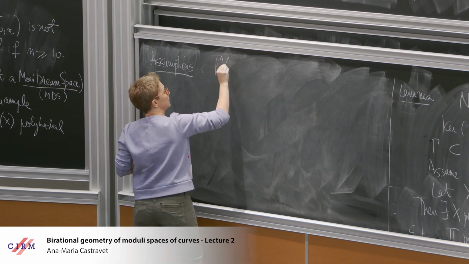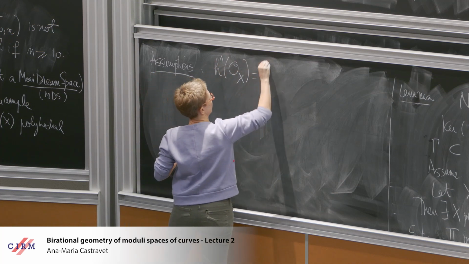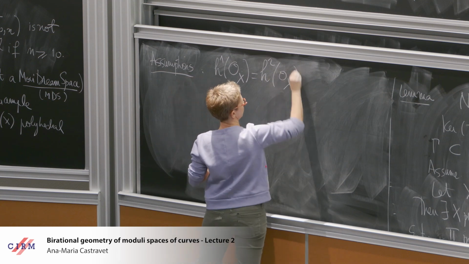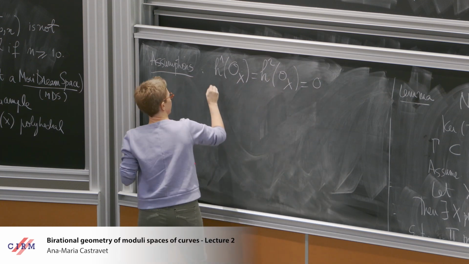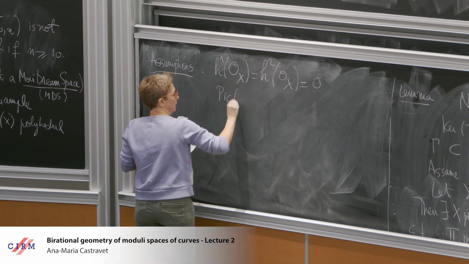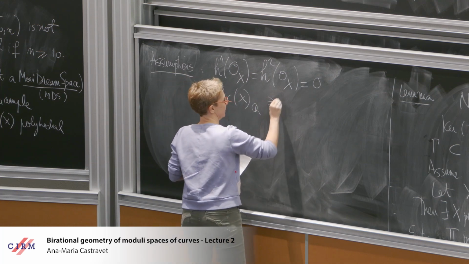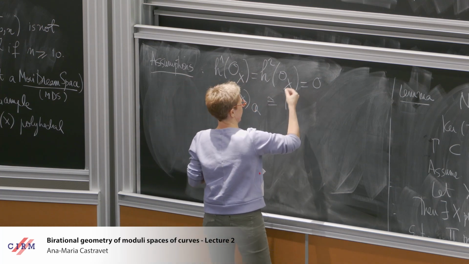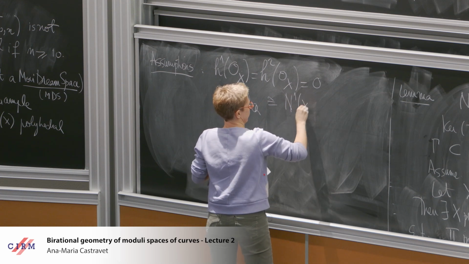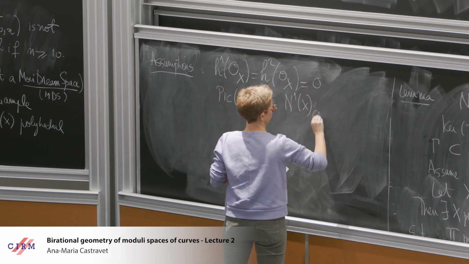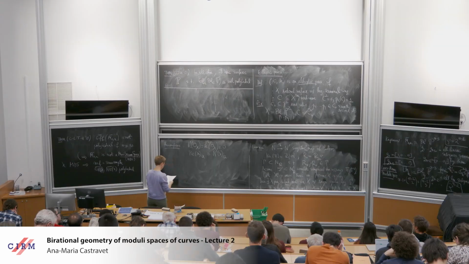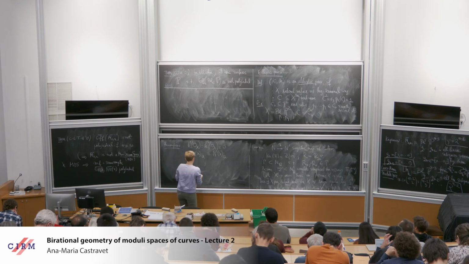So you do know that H1 and H2 of the structure sheaf of X vanish. So the Picard group with rational coefficients is the same as the Néron-Severi group, that is, numerical equivalence with rational coefficients. Adjunction holds.